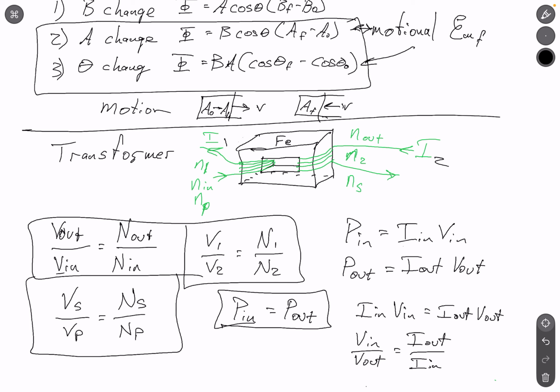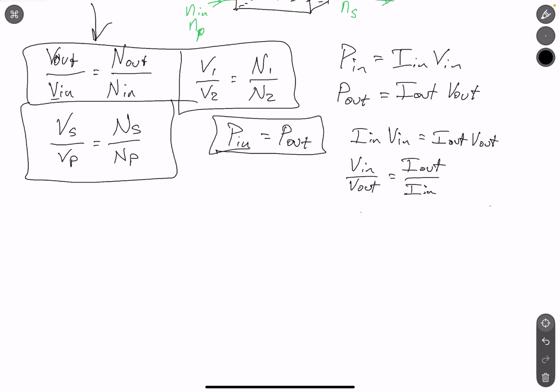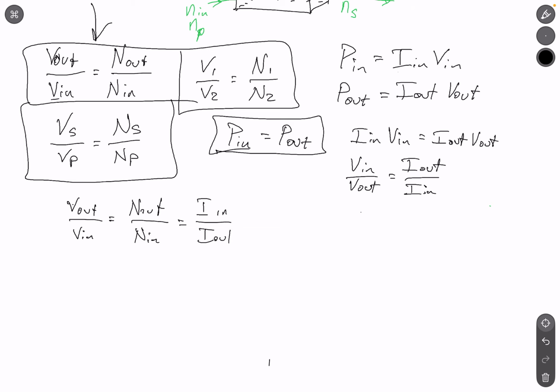So if that's the case, then we can flip this whole thing and use this equation. So then what do we get? We get that V out over V in is equal to N out over N in, but that's also equal to I in over I out.